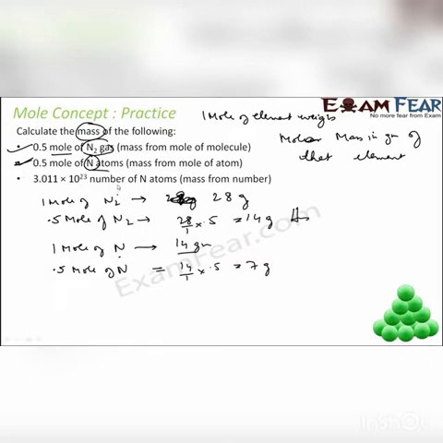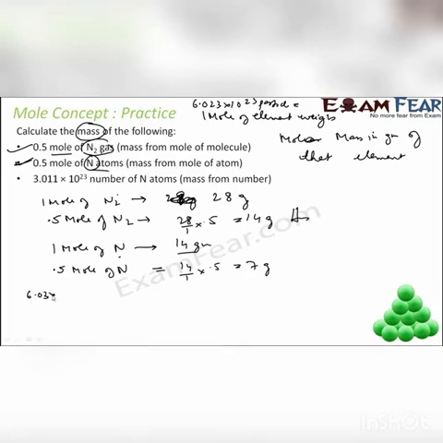Then third is this many number of atoms. So we know that 1 mole of element with this many, we know that, but 1 mole is nothing but 6.023 into 10 to the power 23 particles. These many particles will be 1 mole and that will be molecular mass.